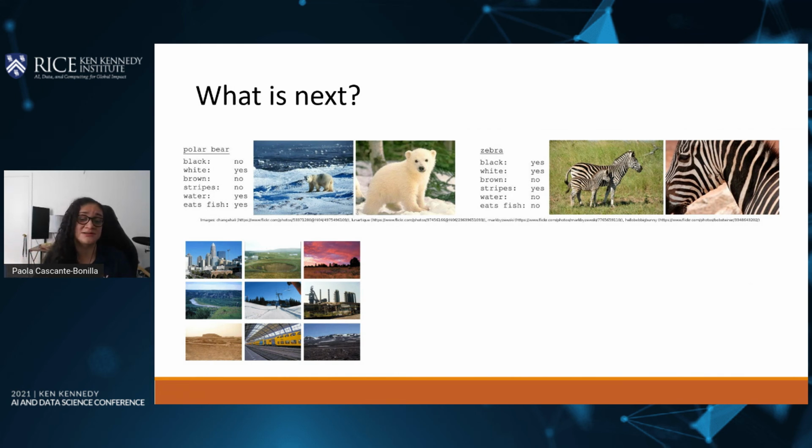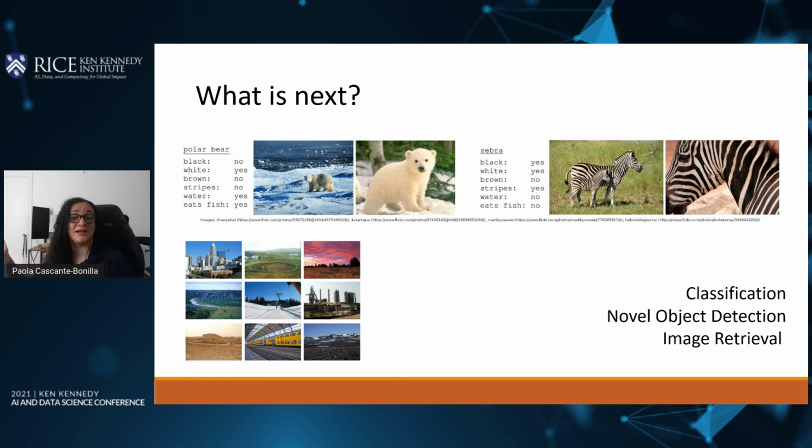And then the SUN dataset, which has 397 categories. There are also other attributes for all those categories, and those are scenes, indoor and outdoor scenes. The good thing is that zero-shot can be applied not only to classification, but also to novel object detection and, of course, image retrieval.